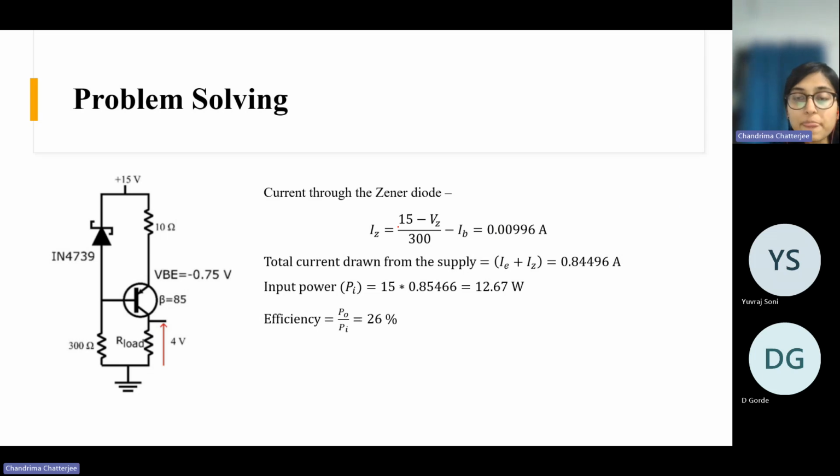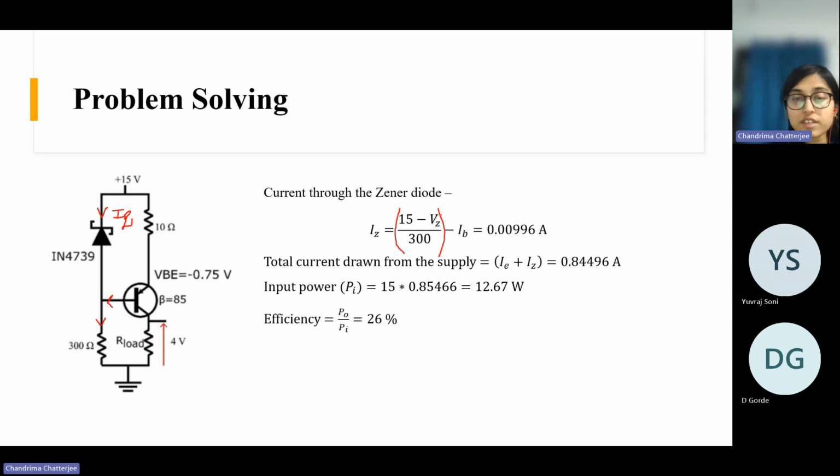Now what is the current through the Zener diode? If this is the current through the Zener diode IZ, here some base current is coming, and this current is basically the sum of the Zener current and this base current.